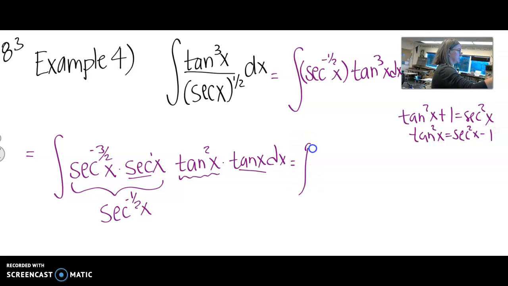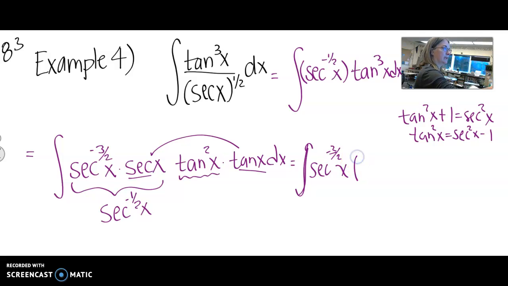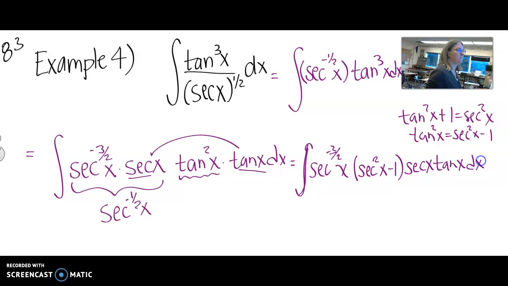So that equals secant to the negative 3/2 x, and I'm going to move this secant next to this tangent over here. I'm subbing in secant squared x minus 1 for tangent squared x, and then I have secant x tangent x dx.